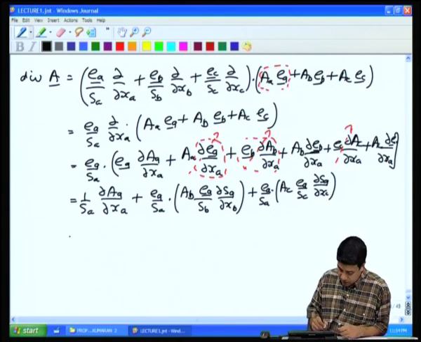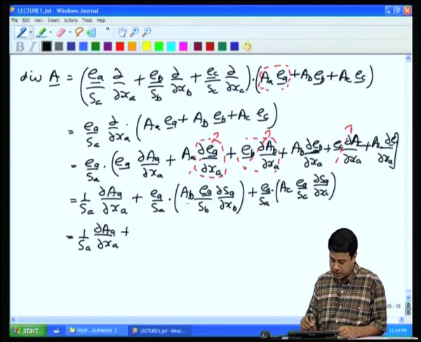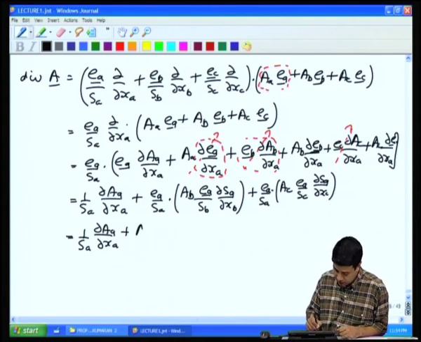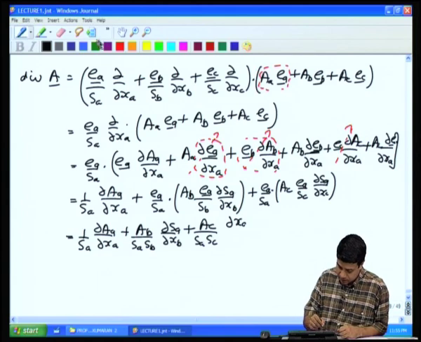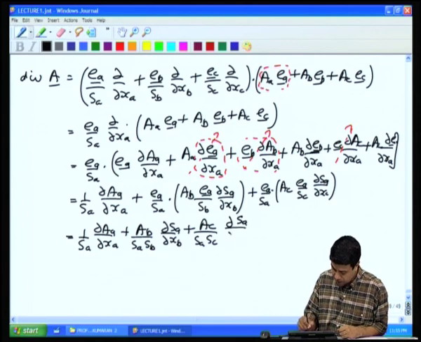So, this first term alone, if I write it out in expanded form, becomes 1/S_A ∂A_A/∂x_A plus, this e_A dotted with e_A is equal to 1, so I get A_B/(S_A S_B) ∂S_A/∂x_B plus A_C/(S_A S_C) ∂S_A/∂x_C.